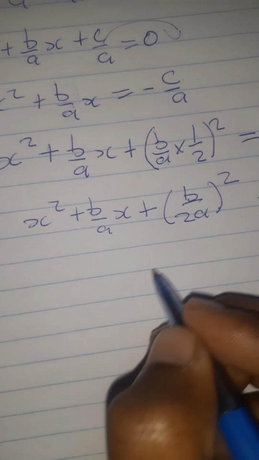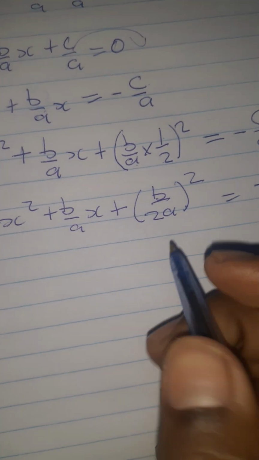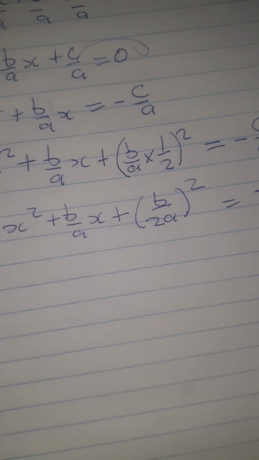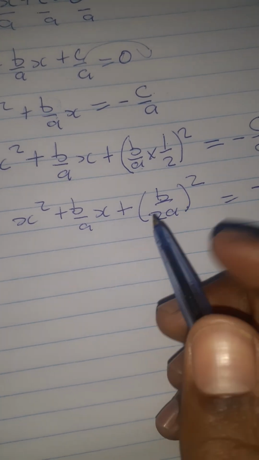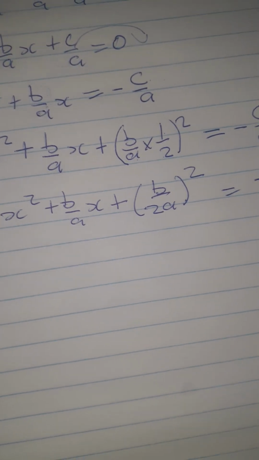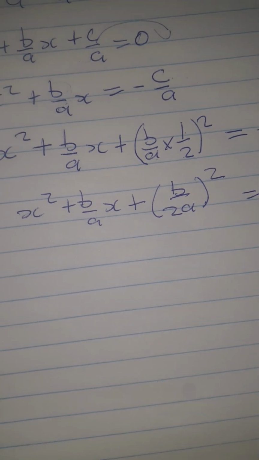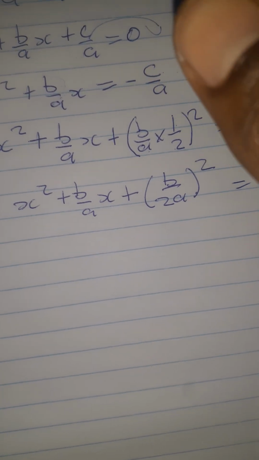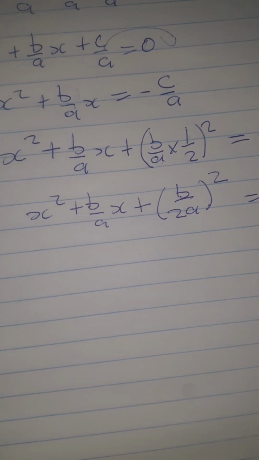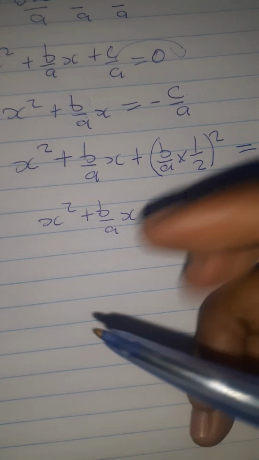But on this side, we're going to do a step that is not so easy to explain. If you watch the video that I'll upload that explains where this completing the square comes from, then you'll understand where the steps come from.